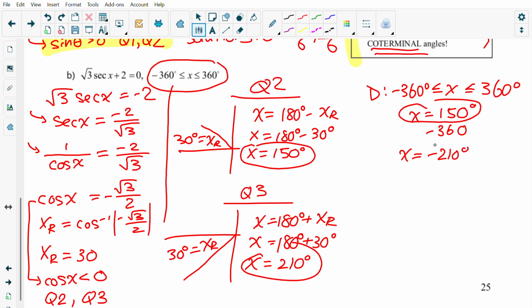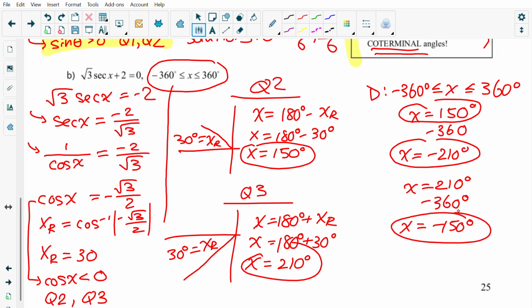So that's another solution. Okay. I also have x equals 210 degrees positive. If I subtract 360 degrees from that, what do I get? I get x equals negative 150 degrees. So I have actually 4 solutions.